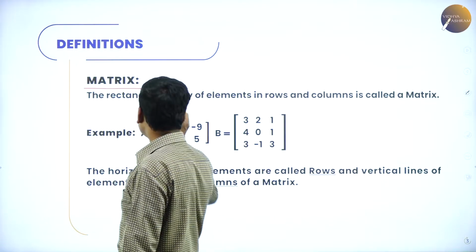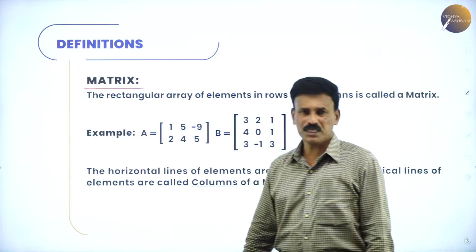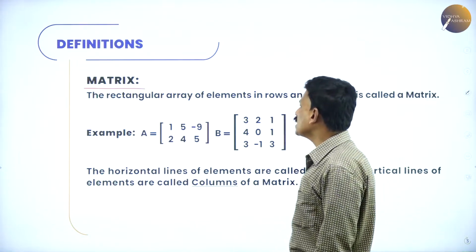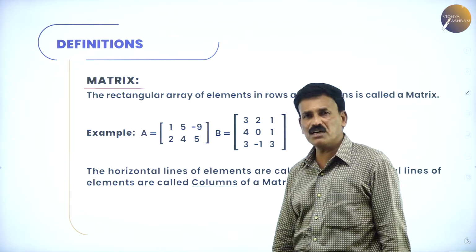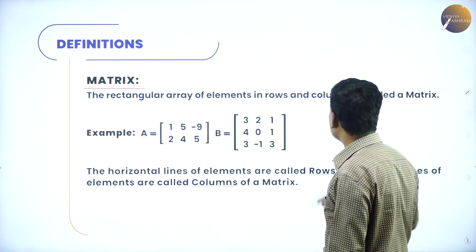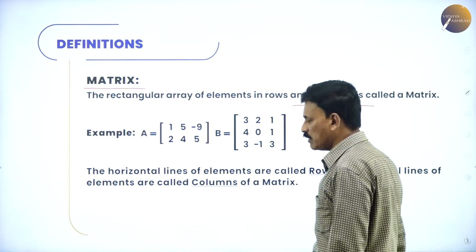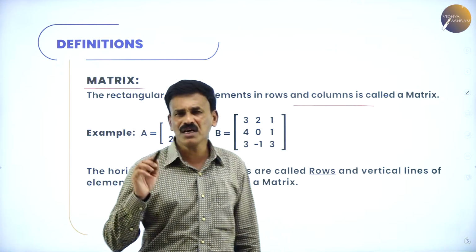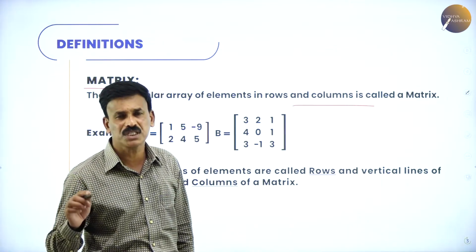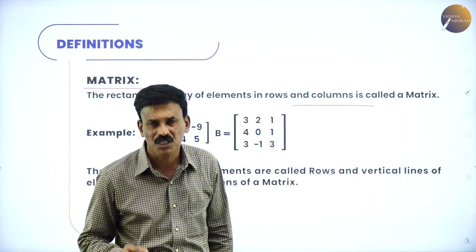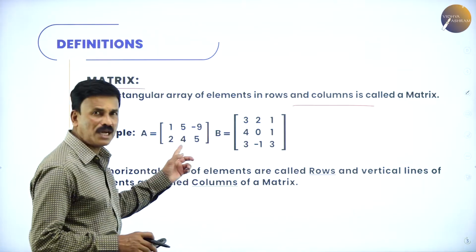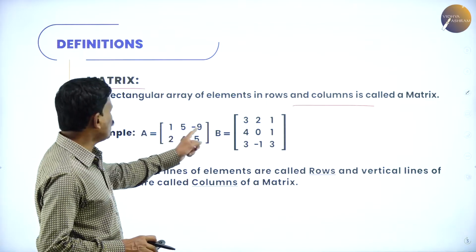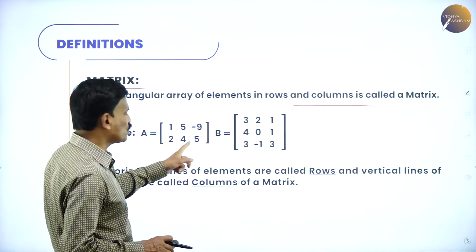What is the definition? You are all familiar with matrices. A matrix is nothing but a rectangular arrangement of elements. The rectangular array or rectangular arrangement of elements in rows and columns is called a matrix. This is an example of a matrix: 1 5 minus 9, 2 4 5.